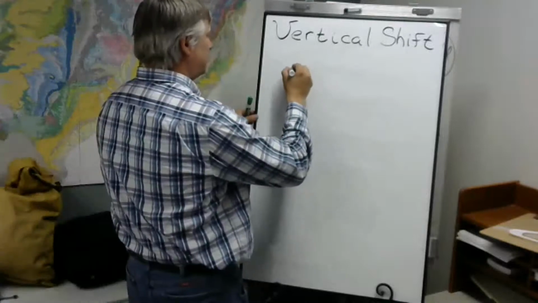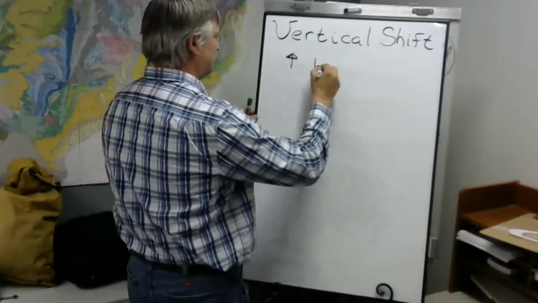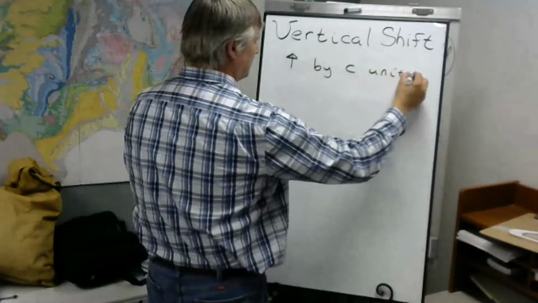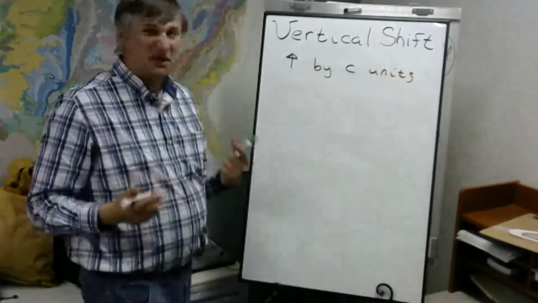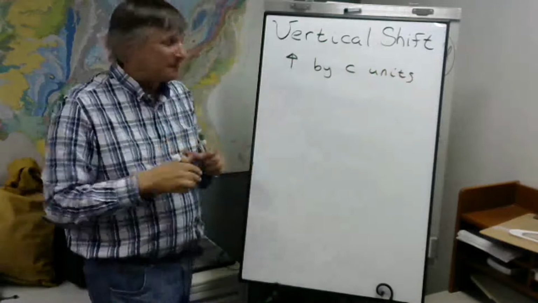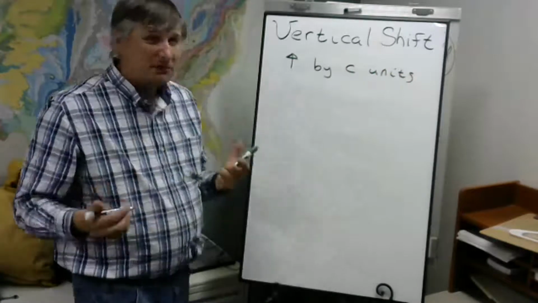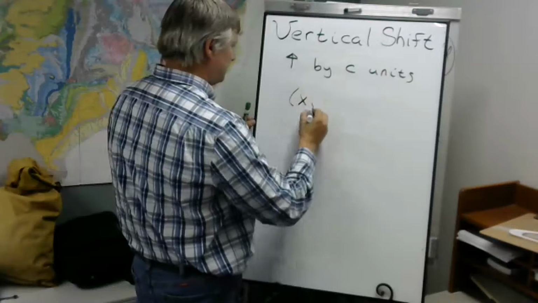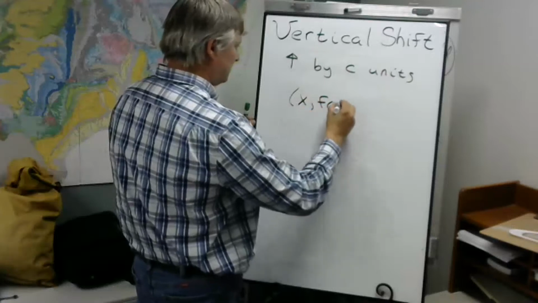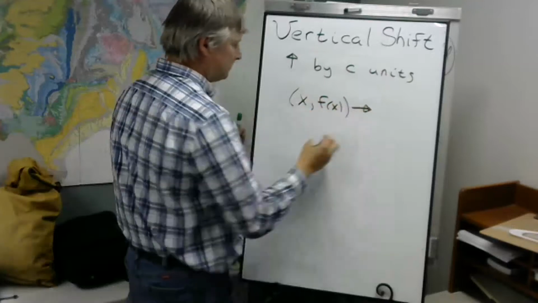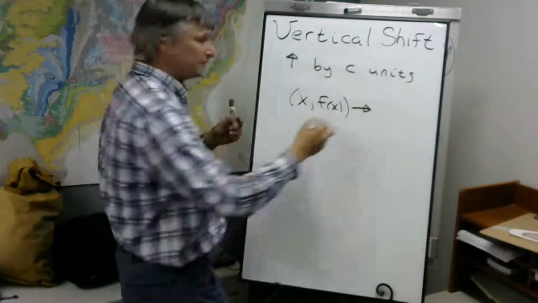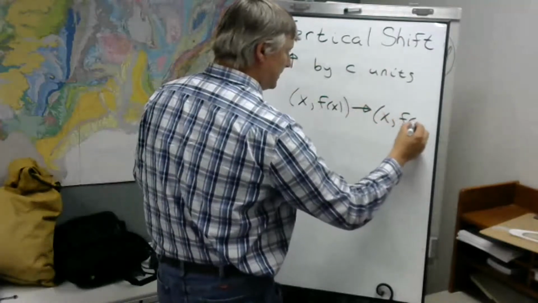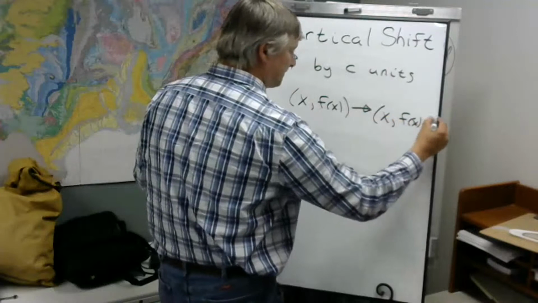Well, shifting up, so this represents shift up, a little abbreviation. If we're going to go up by c units, that means we're going to replace x comma f of x with x comma f of x plus c.